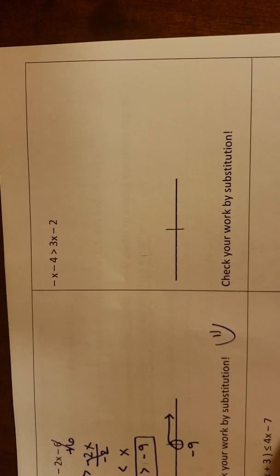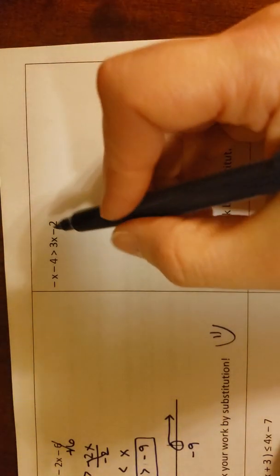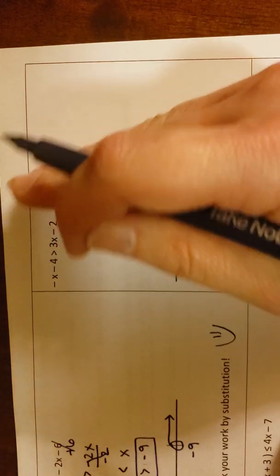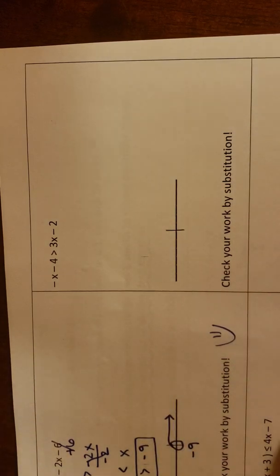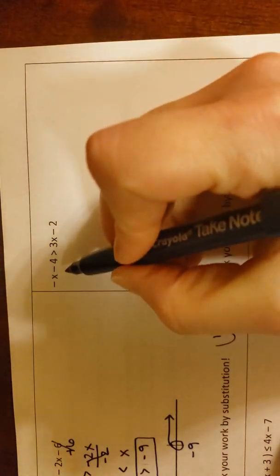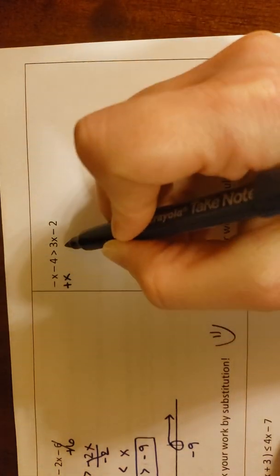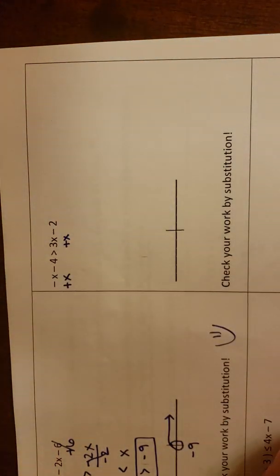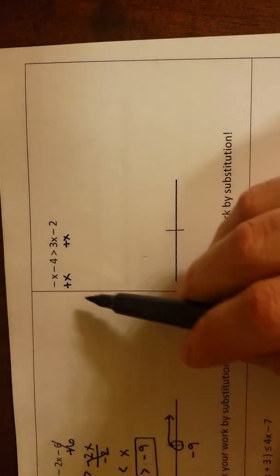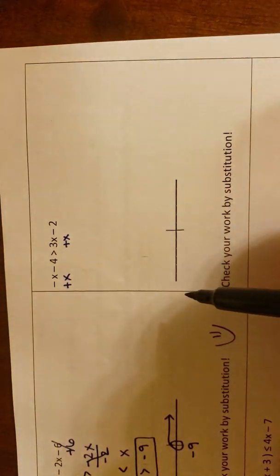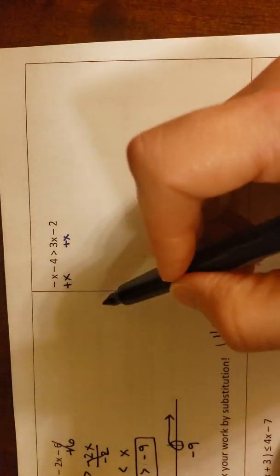Here's something that is just a matter of personal preference. Some people like to bring all the variables to the left and all the constants to the right. Some people like to do what they can to make sure that their variables are always positive so they don't have to flip the sign at the bottom like in the previous question. So it might be a little less work for you to, instead of subtracting 3x to get a negative 4x over here and then having to deal with that negative, it might be wiser to add the x.